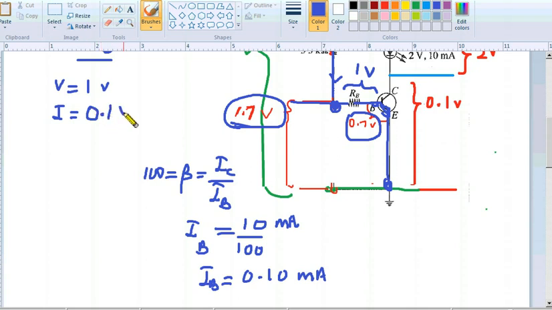0.1 milliampere, convert into ampere by multiplying by 10 power minus 3. So we know the voltage, we know the current, so we can use the V equals IR equation to find out the value for R. So 1 equals 0.1 times 10 power minus 3 times R base.